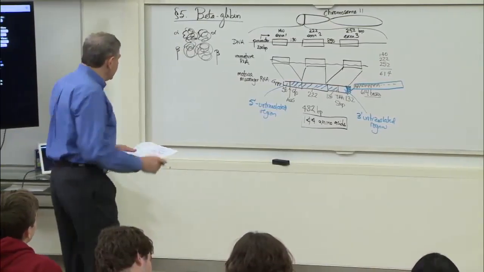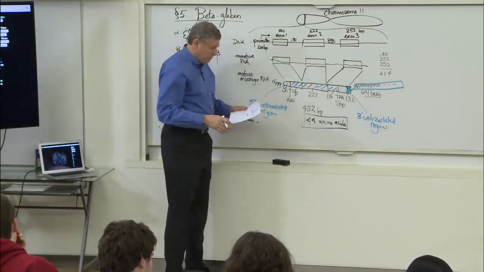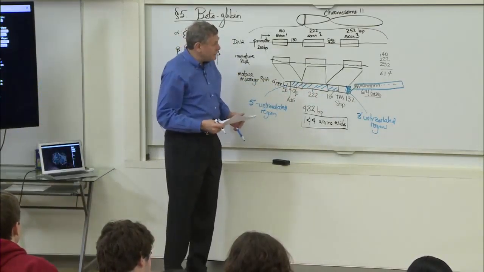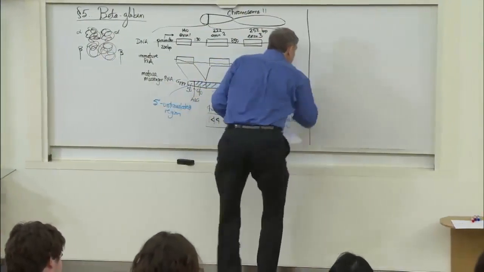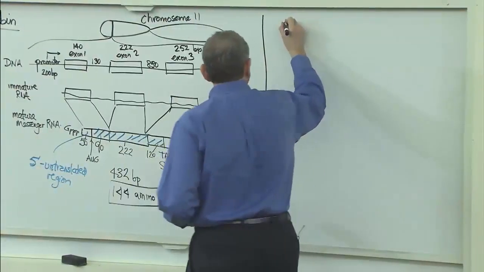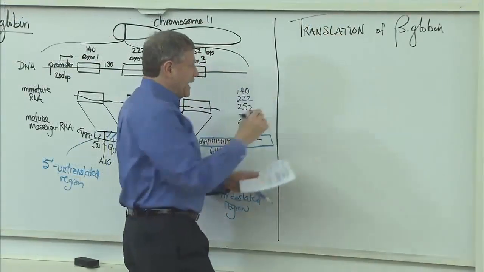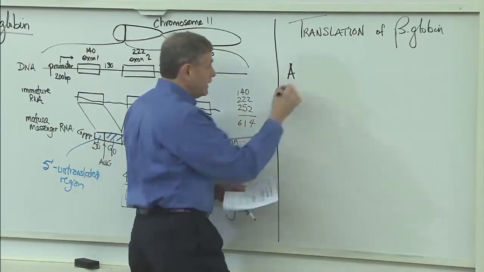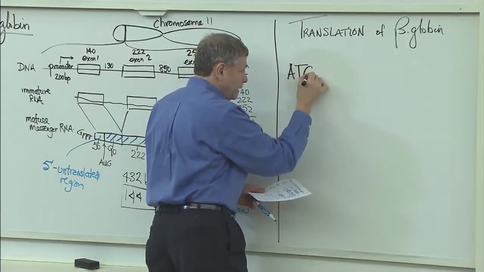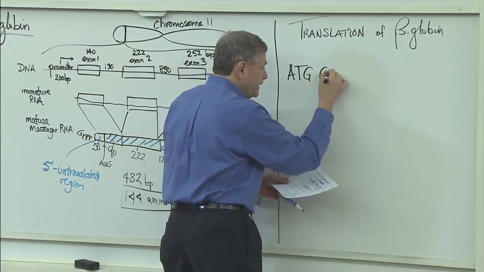Okay, now let's take a look at the beginning of the translated sequence here. I'm going to write it in its DNA bases. We're going to do the beginning of the translation of beta globin. It starts out at the 5' end with an AUG, but I'm going to write it in DNA language, ATG. Okay, then there's a GTG.